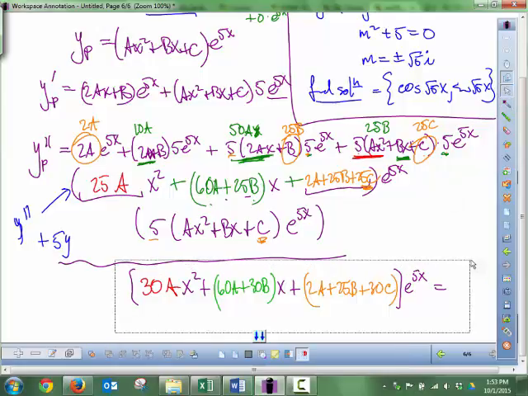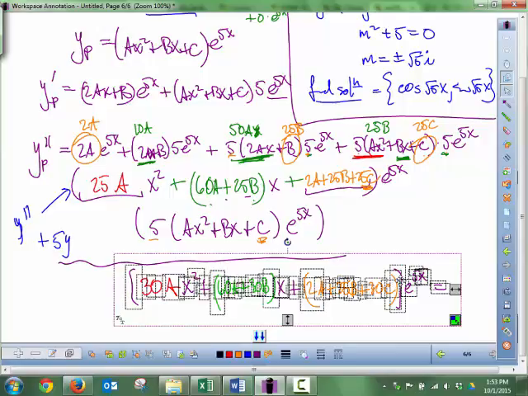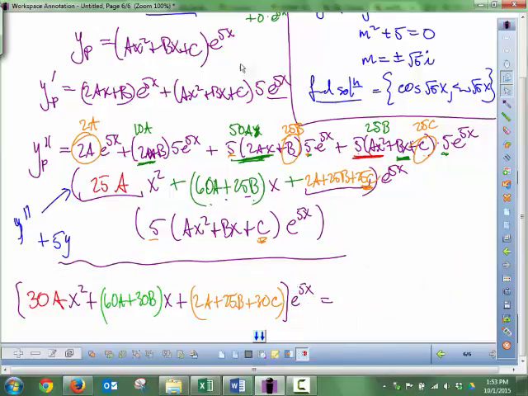Now this whole thing is supposed to be equal to the right-hand side. And what's the right-hand side?